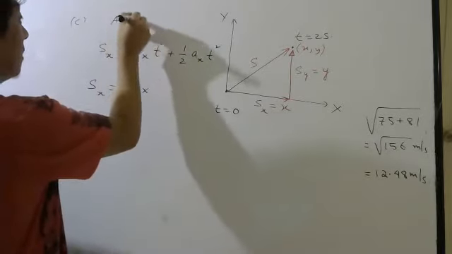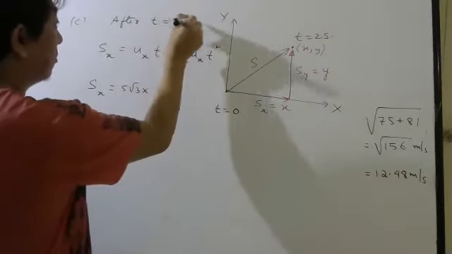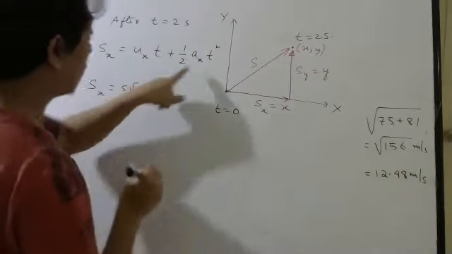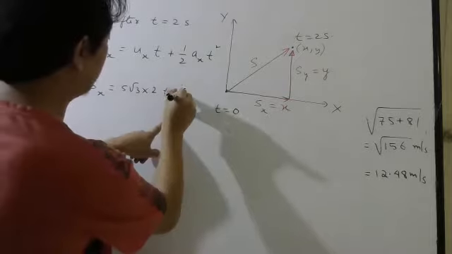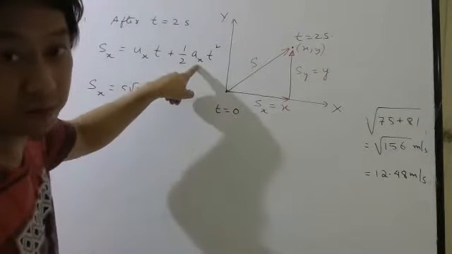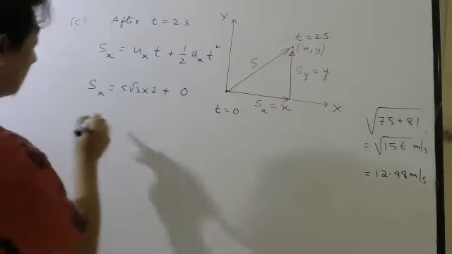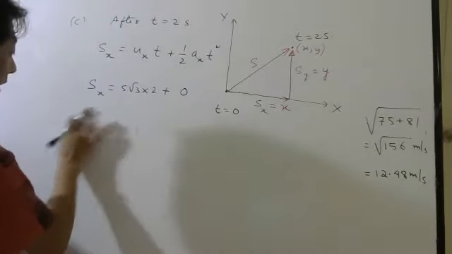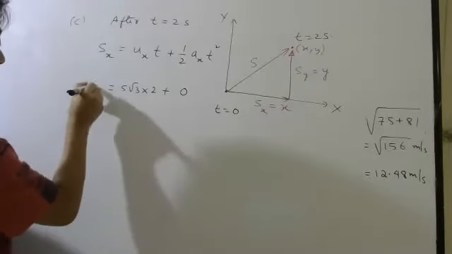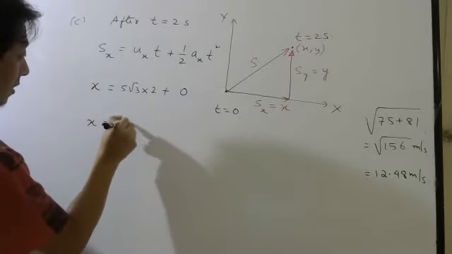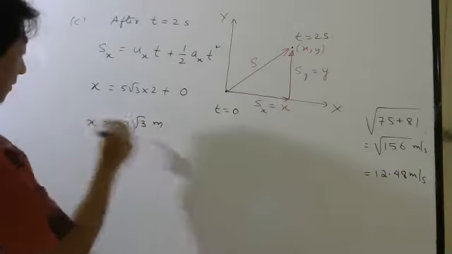And the acceleration along the x-axis was 0, and multiplying anything with 0 gives 0, so no need to write anything here. So this is your x coordinate: 10 root 3 meters.